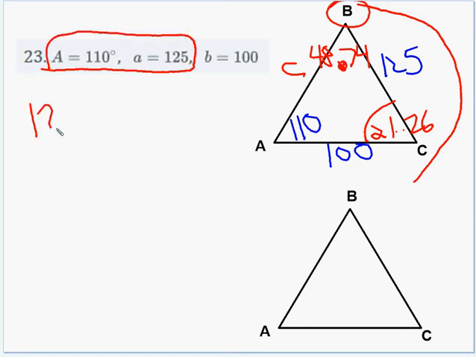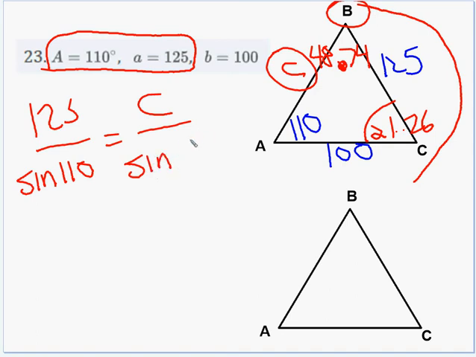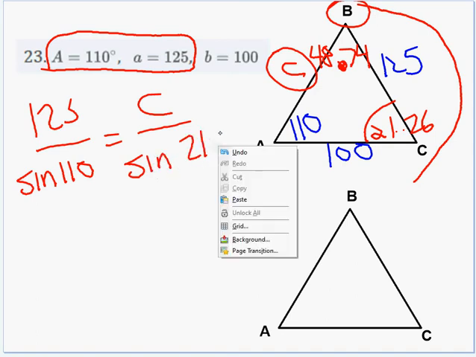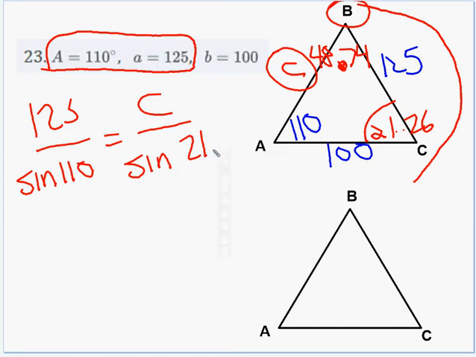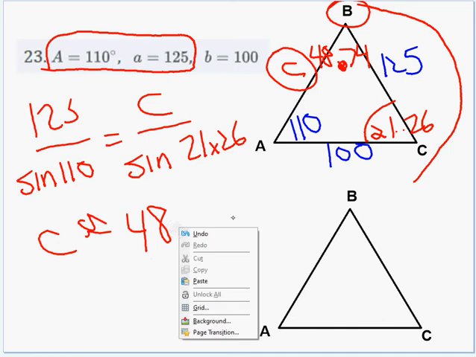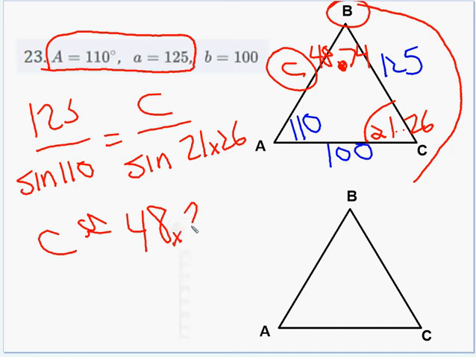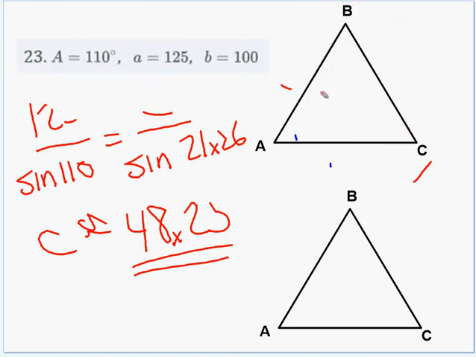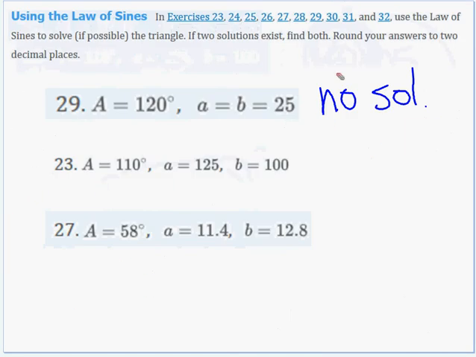So here we're going to go back to the 125 over the sine of 110 and set that equal to this unknown side C over the sine of 21.26. Cross multiply and solve for C. C is approximately 48.23, and I guess they did not give us units for that length. So here there was only one possible solution.